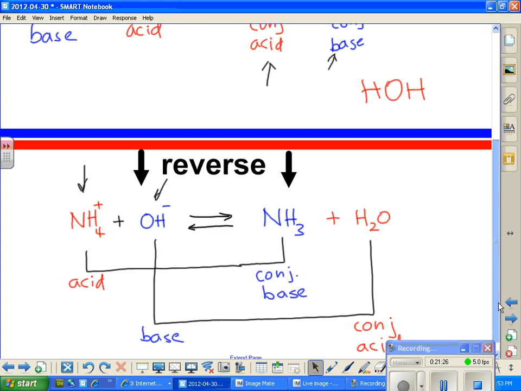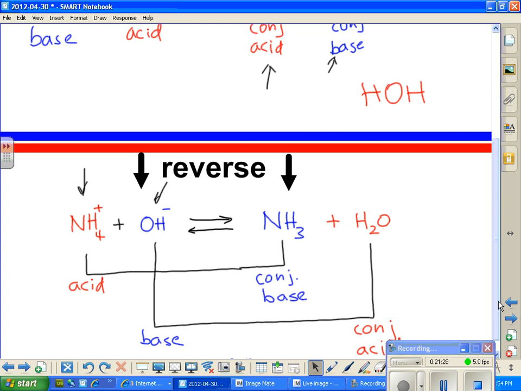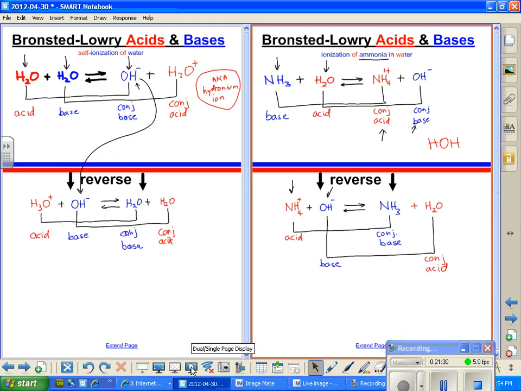Okay, so let's look at this side by side now, and maybe this will make a little more sense overall. Let's look at the right-hand screen. You see ammonia on the left as the base.